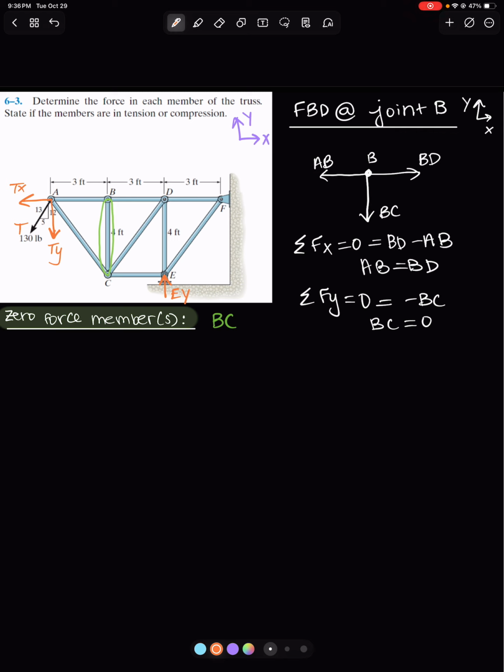That'll be our only other x reaction force in this total system. So it has to go in the opposite direction of T so that our sum of the forces in the x maintains static equilibrium. So if Tx is in the negative x, Fx is in the positive x direction.